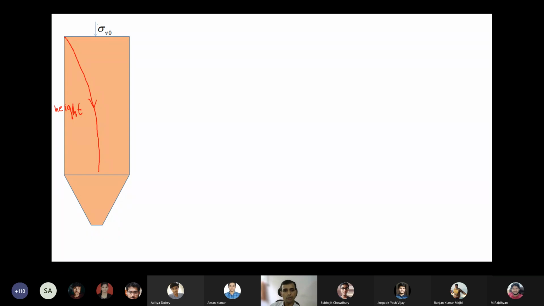Whenever we want to find the variation in a large body, what do we take? We take a small element. Within the small element we can assume that the variation is linear or very minimal, because it is a very small element.